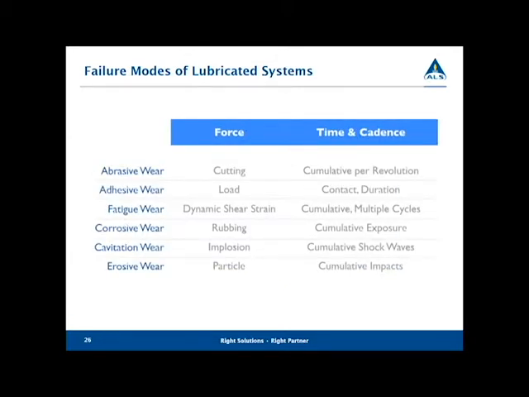Now, of these lubricated systems, when we look at the different types of wear, we can have, for instance, abrasive wear. We can have a force associated to that, and this example would be cutting. Abrasive wear is attributed to a cutting particle. And adhesive wear might be due to the force's load. Fatigue wear is dynamic strain. Then there's corrosive wear, cavitation, and erosion.